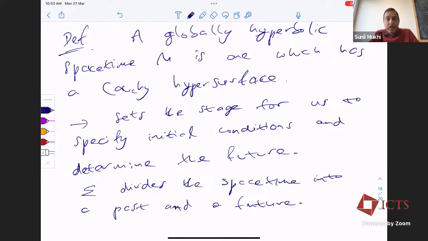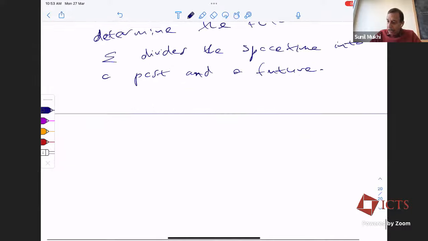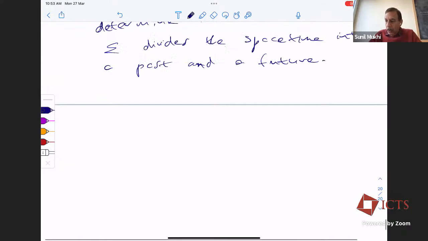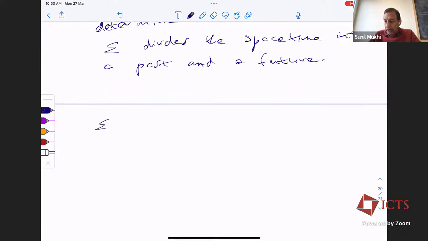My only excuse is that I'm to a large extent following Witten's exposition, though not very literally. So if you want to allow it, just add it there. Okay, good. Now one interesting point is that a Cauchy surface sigma is necessarily closed.